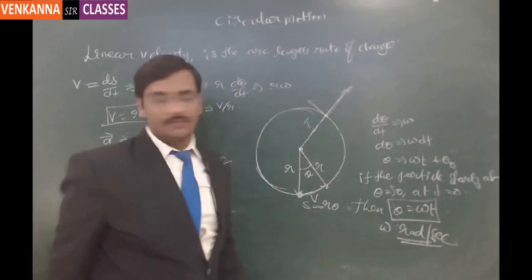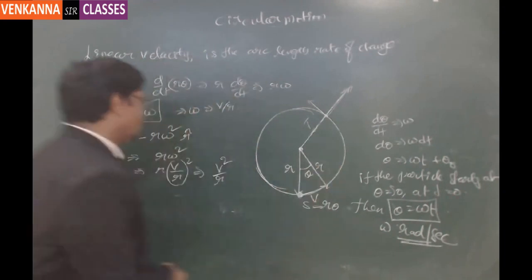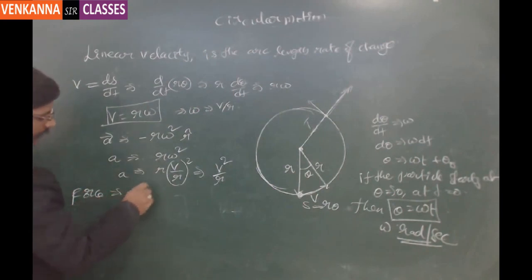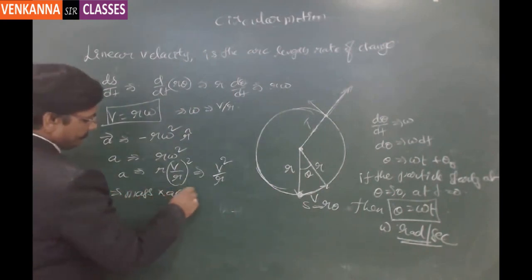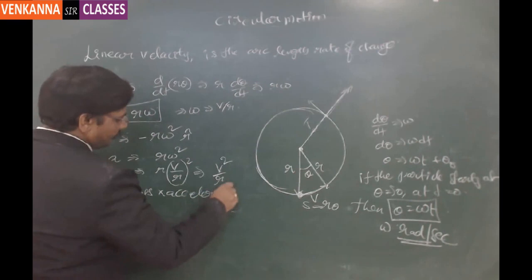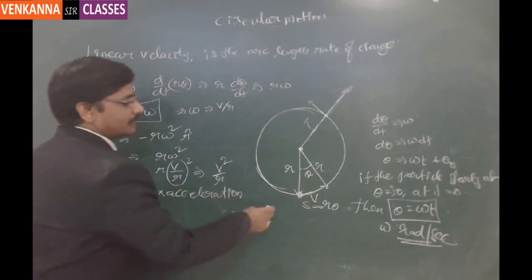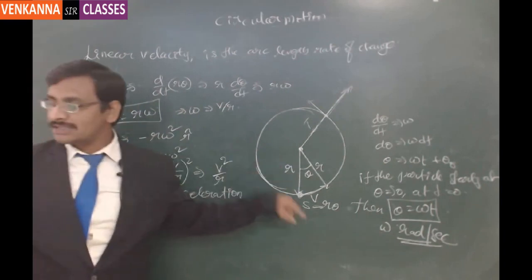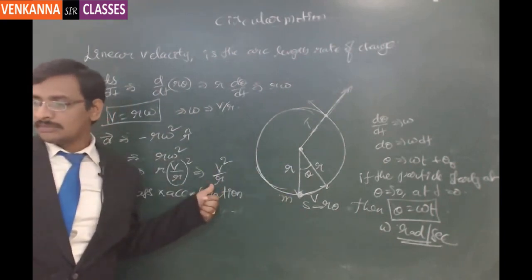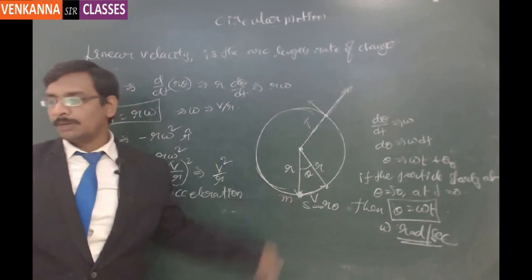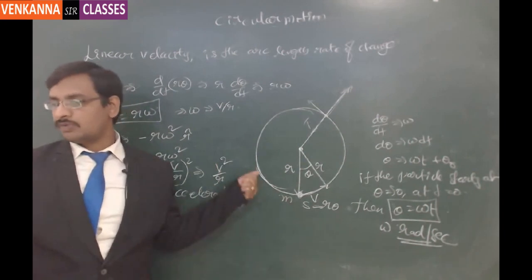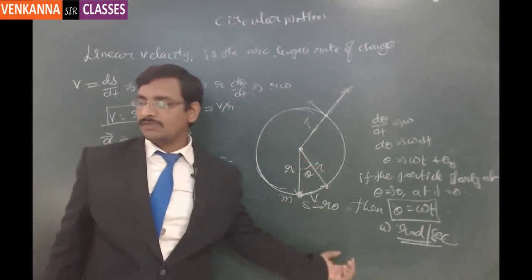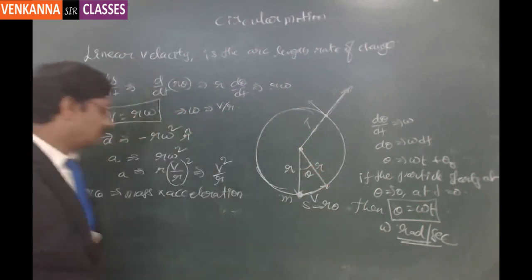Got it? So if a particle is moving, then force is equal to mass into acceleration. If a particle of mass m is moving on the circular path, then it is subjected to an acceleration of V square by r. So the mass multiplied by the acceleration is the centrifugal force or the centripetal force. Towards the center it is the centripetal force and away from the center it is the centrifugal force.